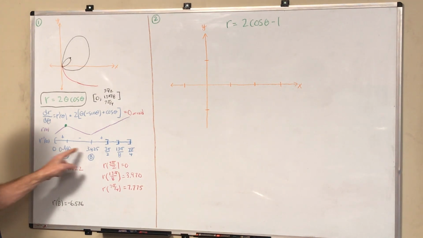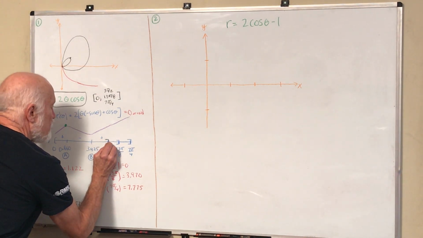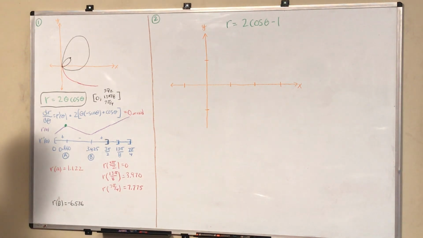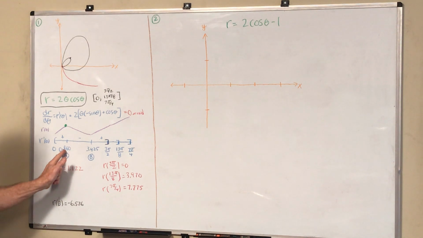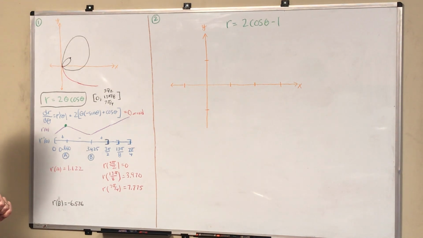So if we went from 0 to 3 pi over 2, I found that there were 2 zeros at a and b. And we could see that r went up, and then it went down, and then it went back up again.